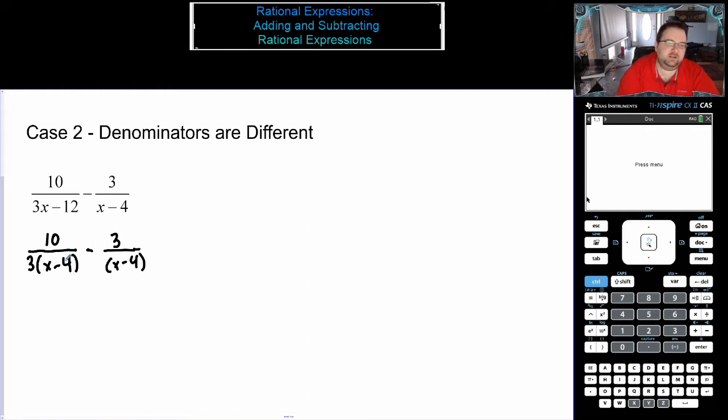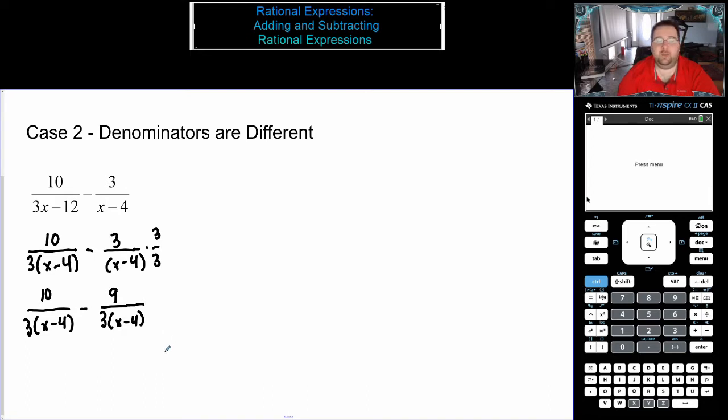Now I'm going to take a look at these, and these denominators are very similar, aren't they? What's different? Well, this one's being multiplied by 3. And so how do I make them the same? Well, you guessed it. You're just going to multiply by 3/3, right? So now we have 10 over 3 times (x minus 4) minus, what's 3 times 3? 9 over 3 times (x minus 4).